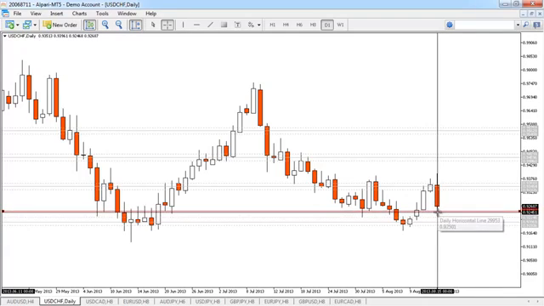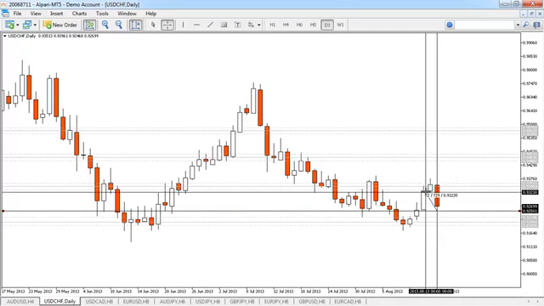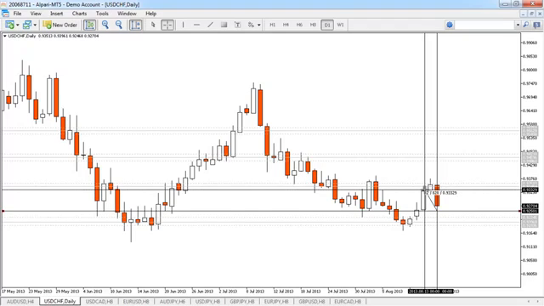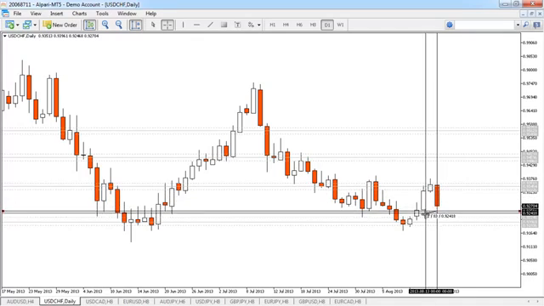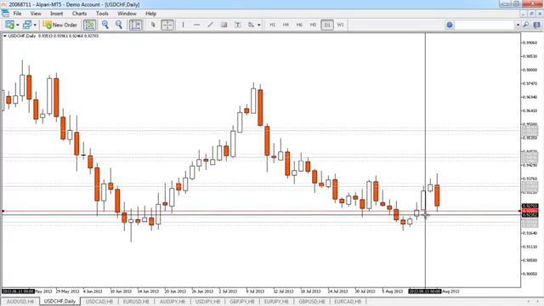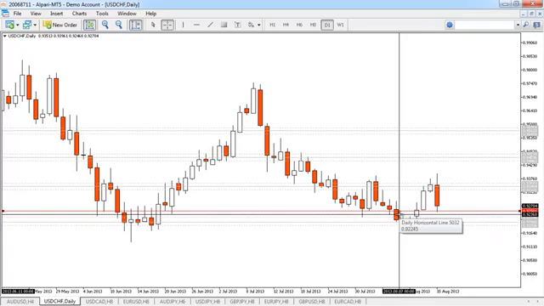Because if I trade it up here, it'll just be way out of my money management rules because I'd be risking 80 pips and only gaining 90 pips. My maximum gain on this trade would be 90 pips, and that would not work with my money management rules. So I would have to wait for the retrace. It's essential to wait for the retrace on this trade. And if that retrace never comes, then I miss the trade.